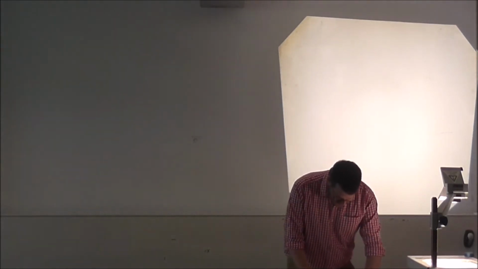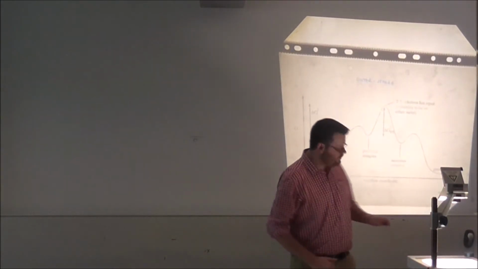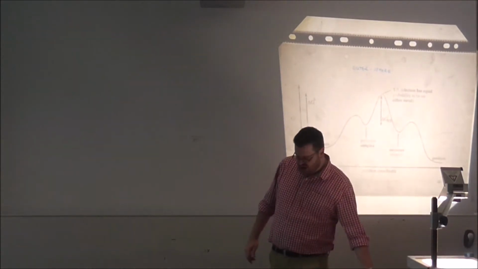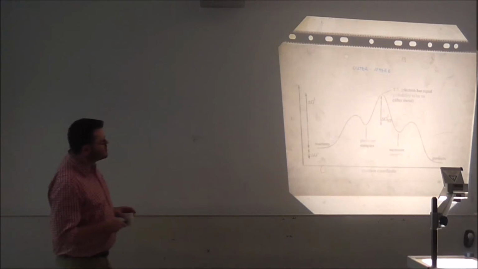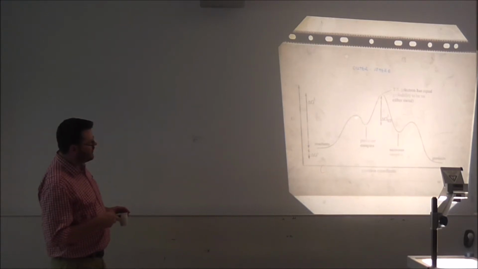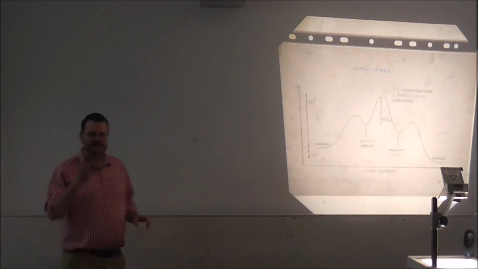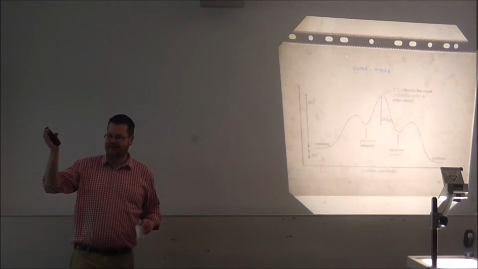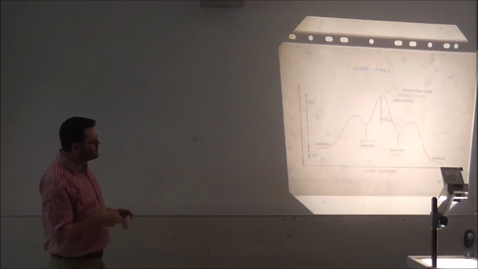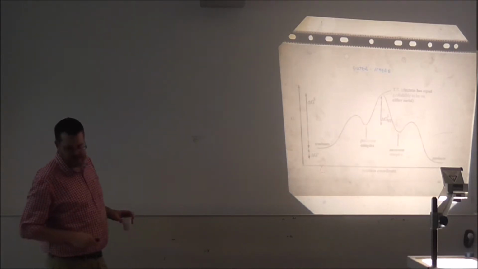Before we look at some values, let's look at the free energy profile of an outer sphere mechanism. It's much simpler because we don't have this bridge formation. It's not very clear, but essentially you can see we form the precursor complex where they diffuse together, remember, from that first diagram I showed you. The electron transfer takes place. We form the successor complexes where they're still associated together, but the electron transfer has just taken place. And then they diffuse away from each other, and you end up with the products.